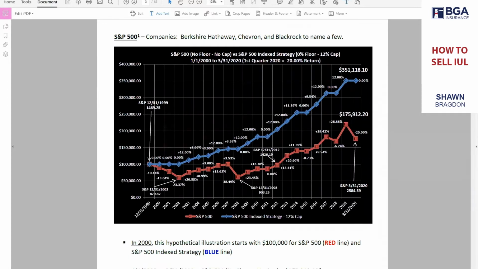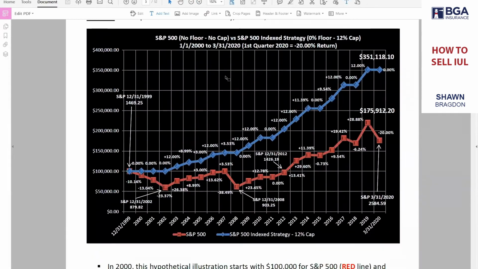And I think this presentation will help you get that understanding. I love this slide. This is the growth of $100,000 from 2000 to March of 2020. In the red line, we have the S&P 500. If you recall, we had a 3-year bear market starting in 2000, went back up, had another bear market in 2008, and then it went back up. And then throughout this 20-year time frame, our 100,000 grew to 175,000 and some change.